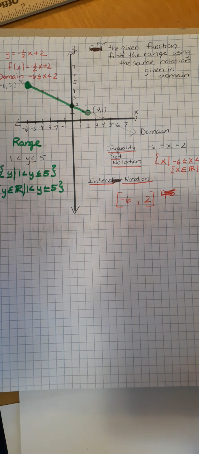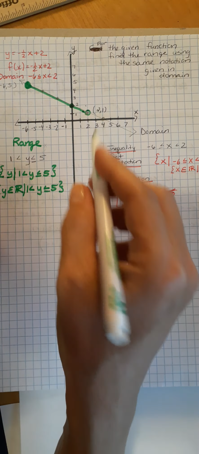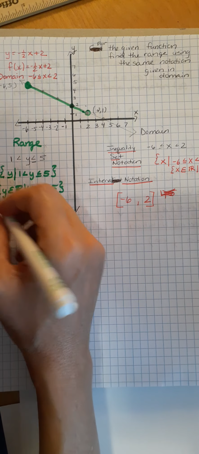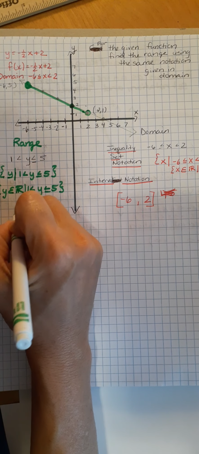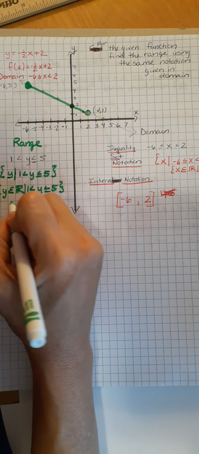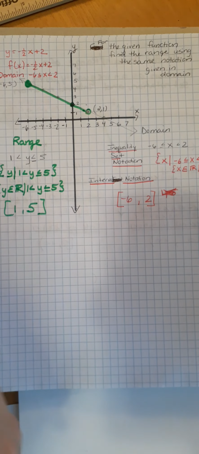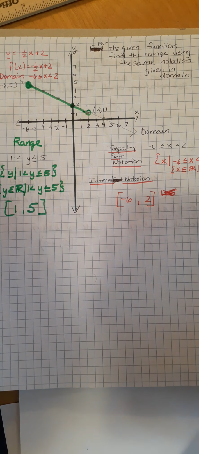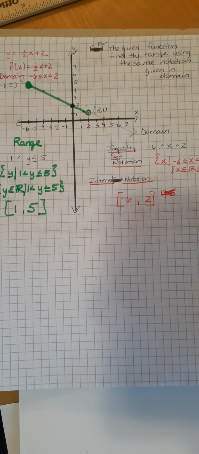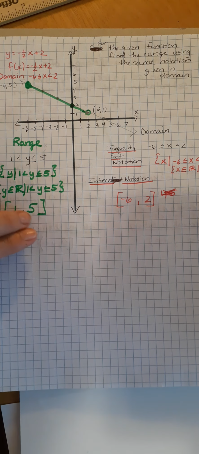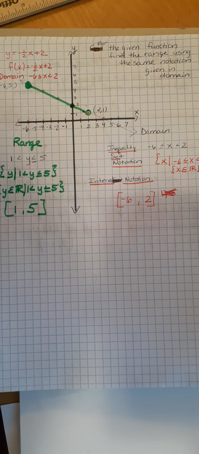Now, for the y, we have 1 and 5, and it's also limited to that. It doesn't keep going forward, it's not infinity. So interval notation, there it is. It's closed in 1 and 5. It doesn't extend going forward.